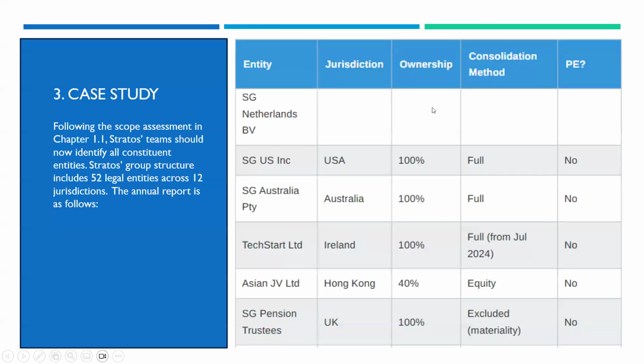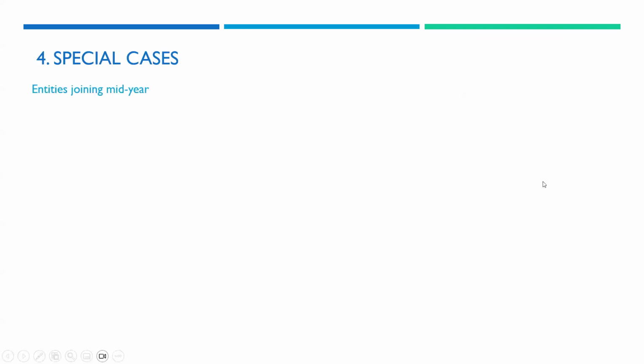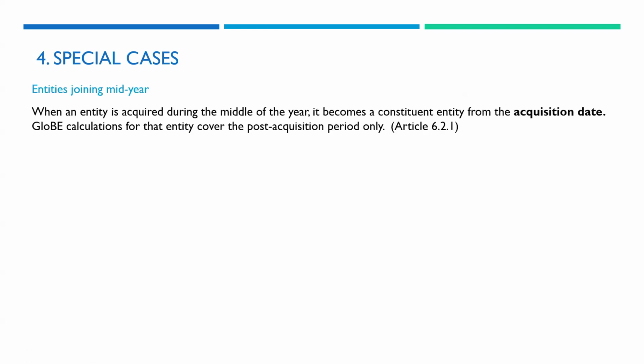Now there are a few special cases which we have to understand. Entities joining mid-year, like we saw with TechStart, right? Is it a constituent entity? The answer is yes, but it becomes a constituent entity only from the acquisition date.